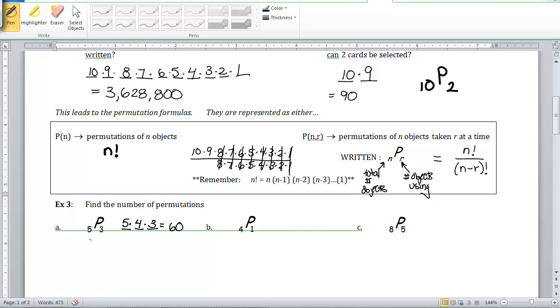I can also think of it as n factorial, 5 factorial, divided by 5 minus 3 factorial. This would be 5 factorial over 2 factorial, which, remember, the factorial means 5 times 4 times 3 times 2 times 1, and the 2 factorial means 2 times 1. So again, you can see you're just doing 5 times 4 times 3.